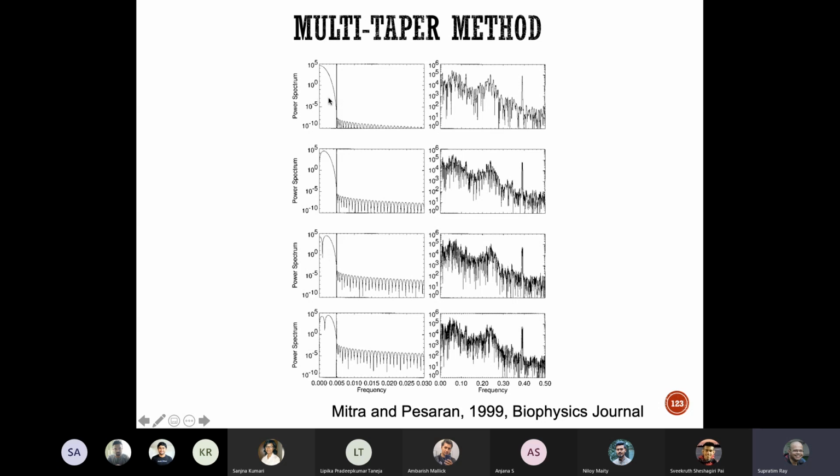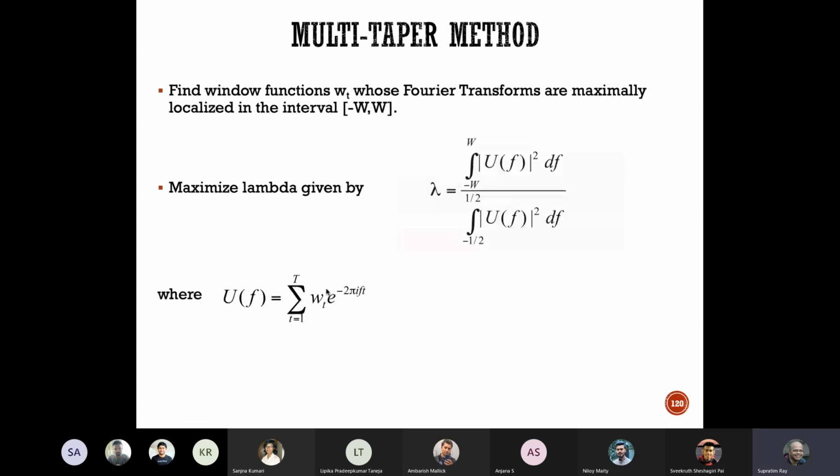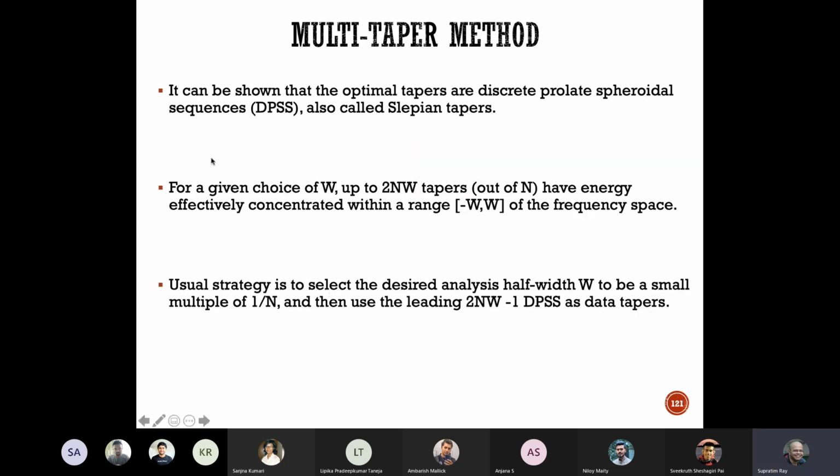If I make this very narrow, let's say 1 by T, then I will only get one function. Then it reduces to your windowed Fourier transform. But if I make this width larger, I can have multiple orthogonal functions, all of which are spectrally concentrated.